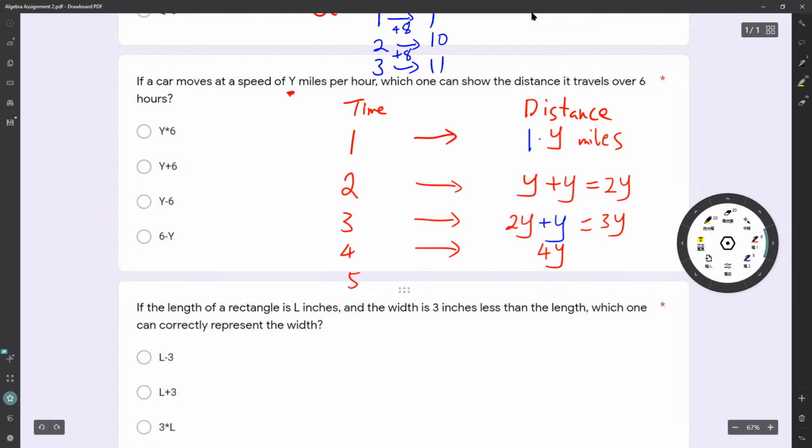And 5 hours, 5y. And 6 hours, 6y. So we can read it as 6 times y or y times 6, right? 6 times y is the same as y times 6. So over 6 hours, the car travels y times 6 miles.